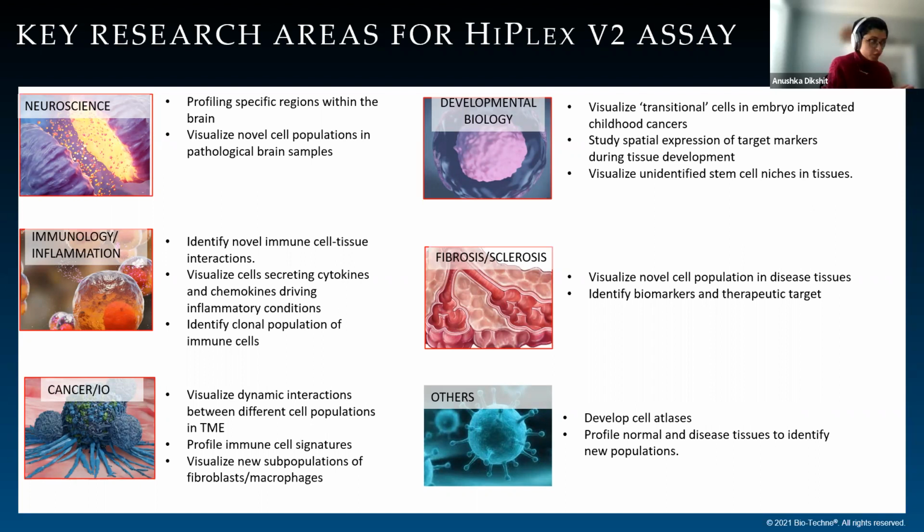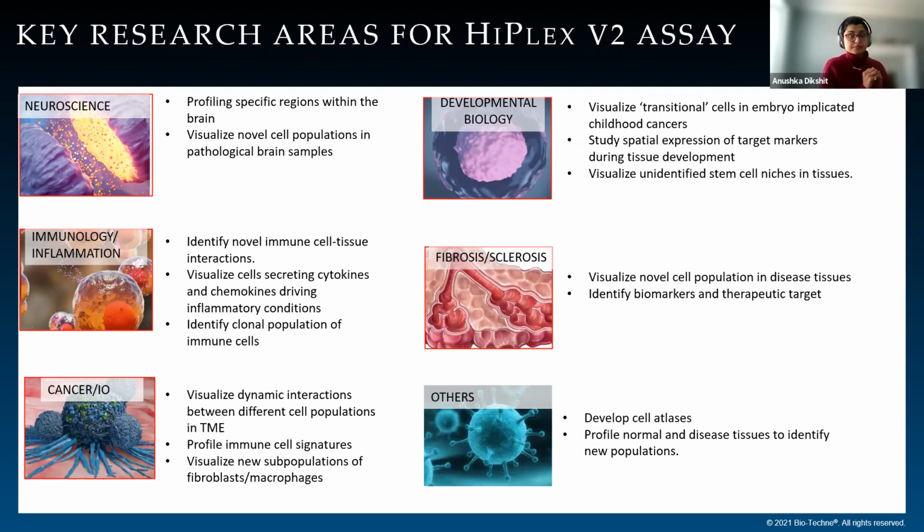For developing embryos or in developmental biology, stem cell research, you can study the transitional cells, which are your cells that showcase expression of multiple different cell types. And these transitions are very important in understanding initiations of certain childhood cancers.